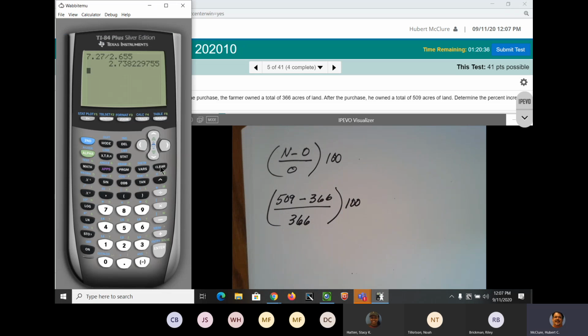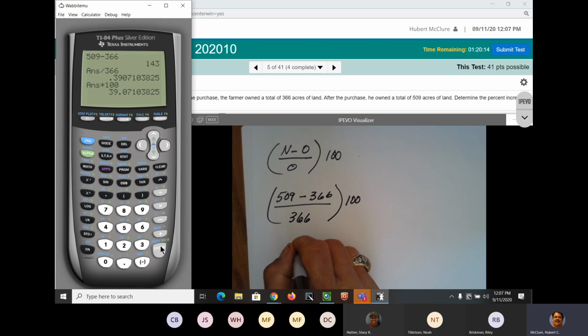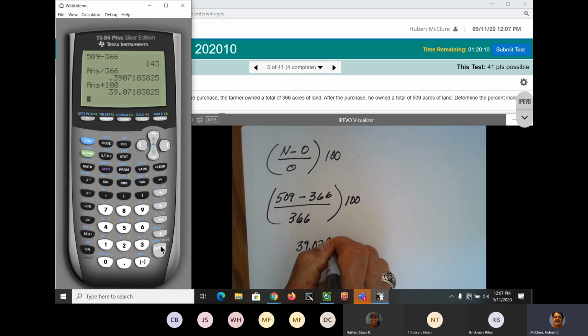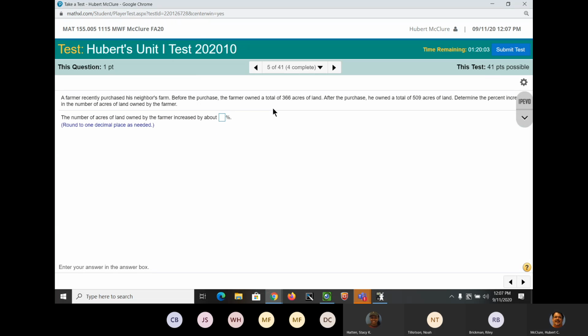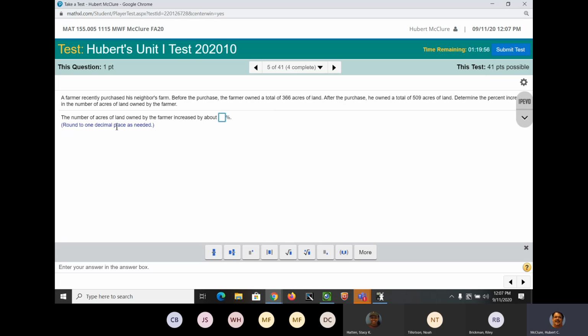Handy dandy calculator. 509 minus 366 divided by 366 multiplied by 100. 39.07% increase. Round to 1 decimal place, 39.1%. Next.